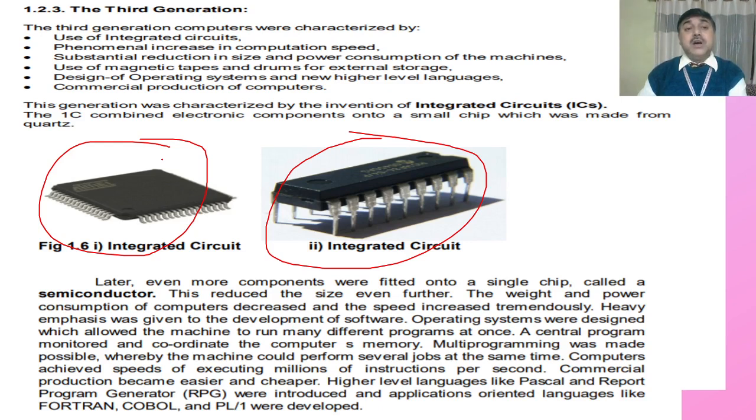This is a sustainable reduction in the size and consumption of the machine. So it is designed for a new level, a new version. It means a single chip called a semiconductor reduces the size even further, and the weight, isn't it? All these things like Fortran, COBOL, all these languages came in this generation. Multi-programming also started from this area.